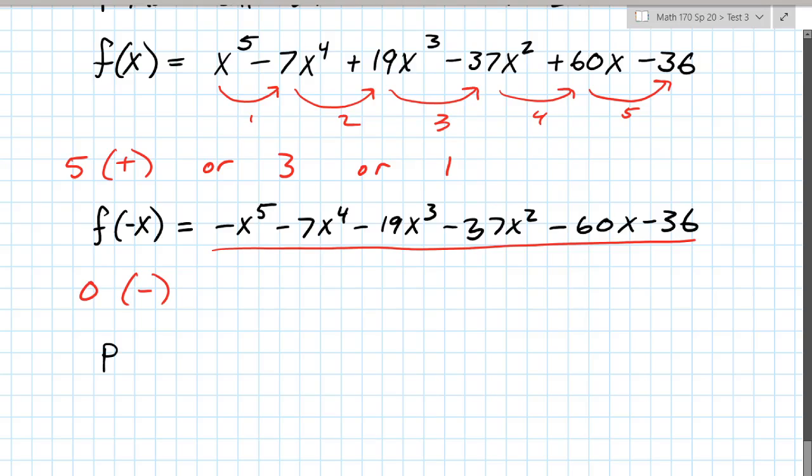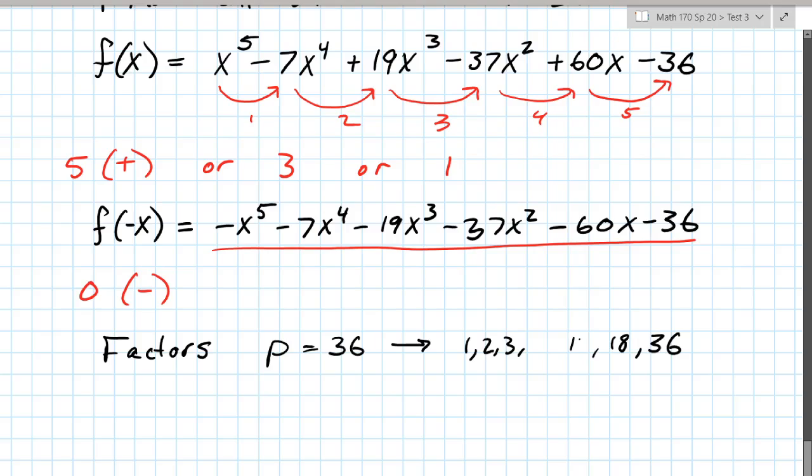So we need to look at the factors of P. And P is 36, so the factors of P are 1 times 36, 2 times 18, 3 times 12, 4 times 9, and last 6 times 6.